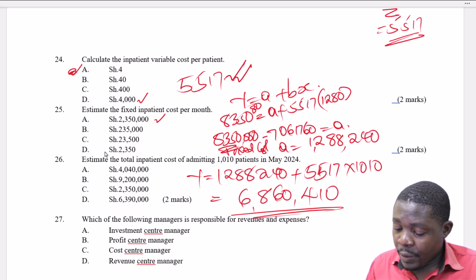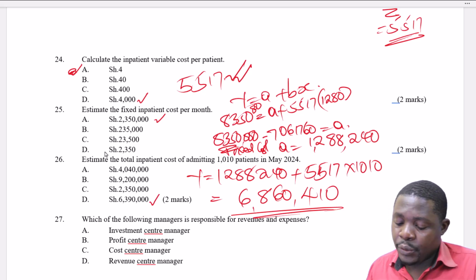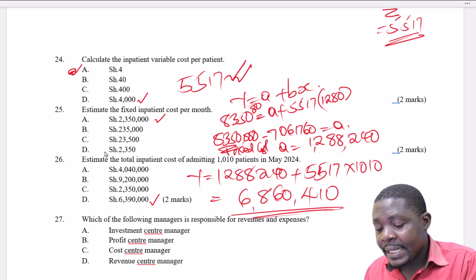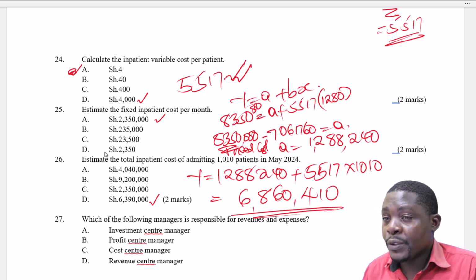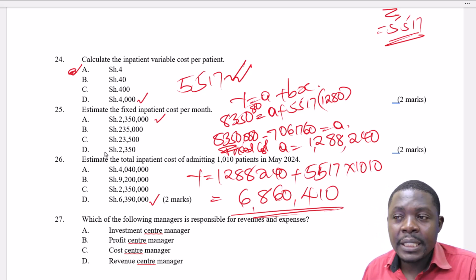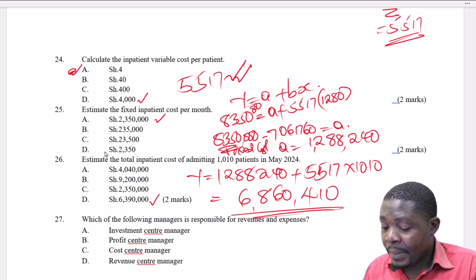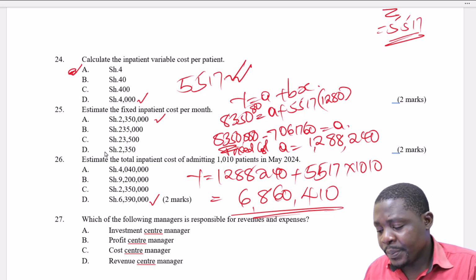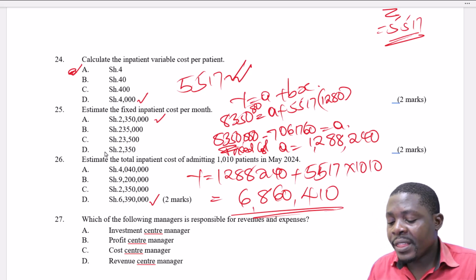But now look at the one that was a bit closer, which was D. Because the answer they gave us for the variable cost differs, the preceding questions emanating from that should also be wrong. But as an assumption, let's assume they used 4,000.